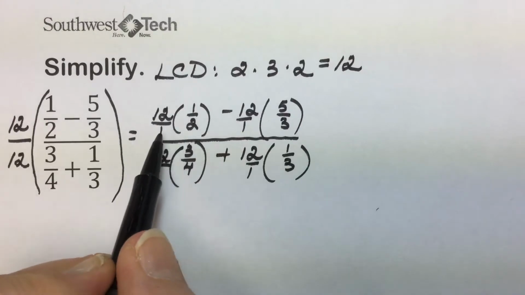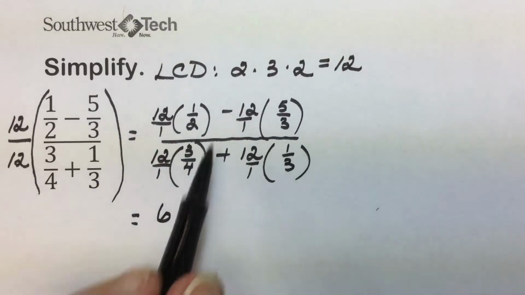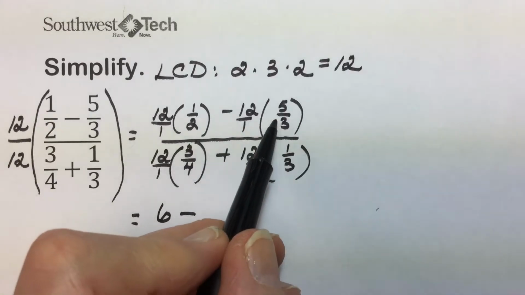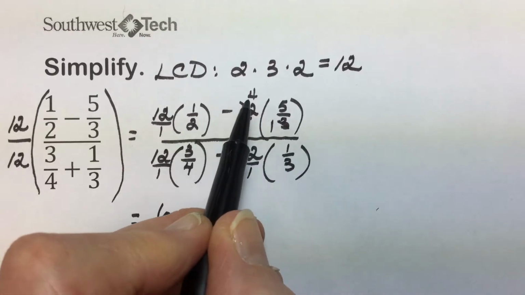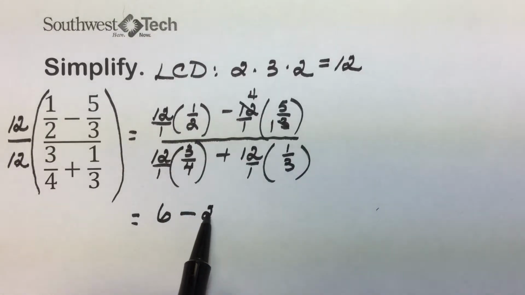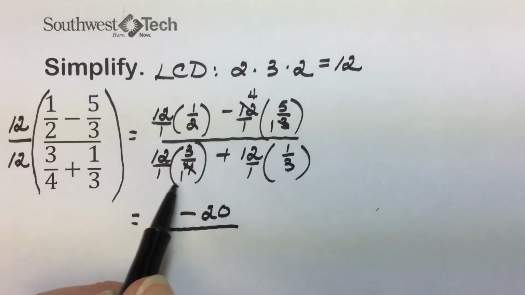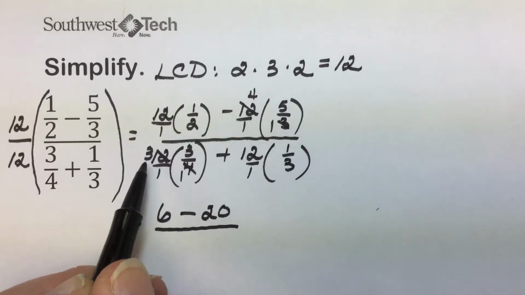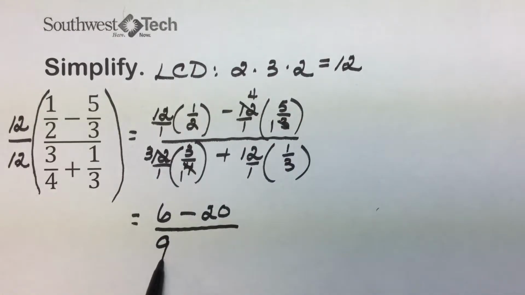This integer has a denominator of 1, which is going to help with simplifying our fractions. Multiplying then, 12 over 2, or canceling out a 2, leaves us 6. We have a minus. 3 is a factor in 12 that goes in 4 times, so we have a 4 times 5, or 20. Moving to the denominator, common factor of 4 cancels out and is equivalent to 1, leaving a 3. 3 times 3 is 9.